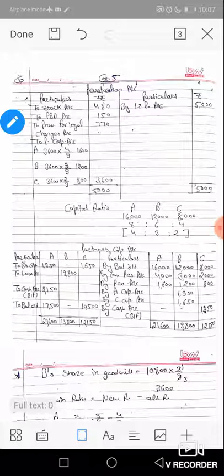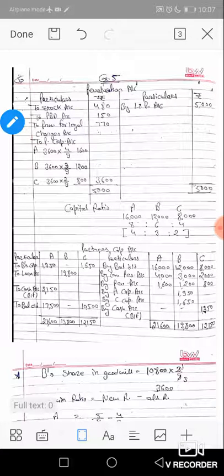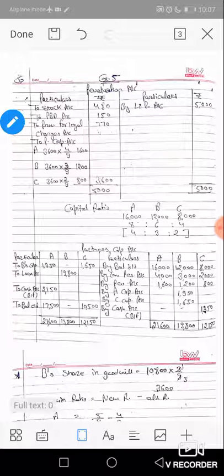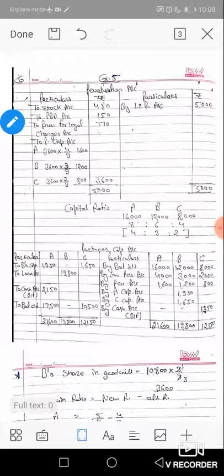Point number F is a new adjustment of this chapter. We are doing this type of adjustment for the first time: that the entire capital of the newly constructed firm be fixed at 28,000 between A and C in the proportion of 5:3. After passing entries in the accounts for adjustment, that is the actual cash to be paid or to be brought in by the continuing partner as the case may be.